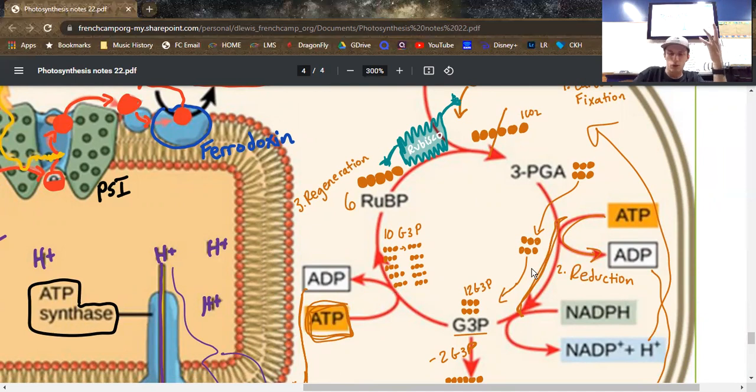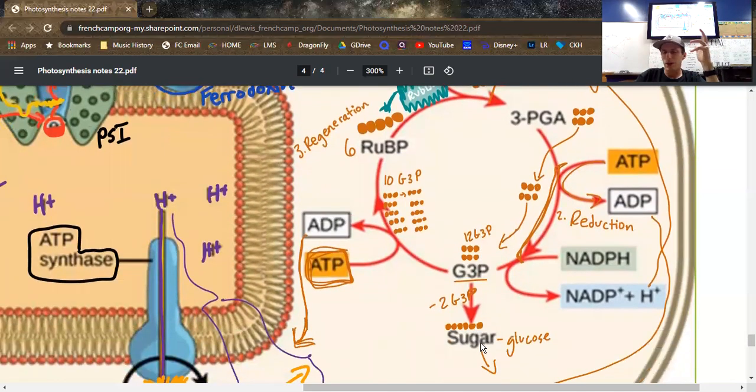And so with a physical structural change, we're not the same 3-PGA we were up here. Now we're a molecule called G3P. The difference between these two is that we have a slight structural change because we've added the hydrogen and the electrons, and we've stuffed it full of energy from ATP. And so these are high energy molecules that are then going to be moved out to make these sugars.